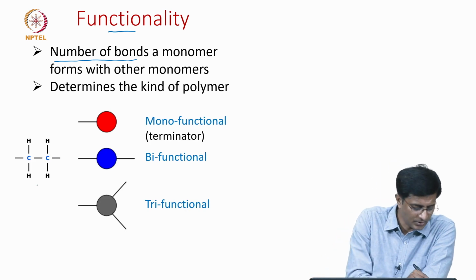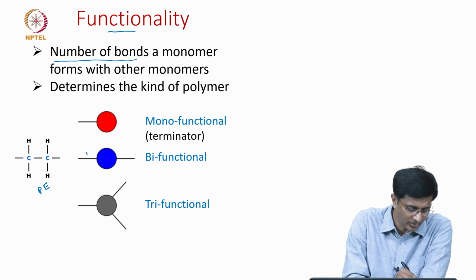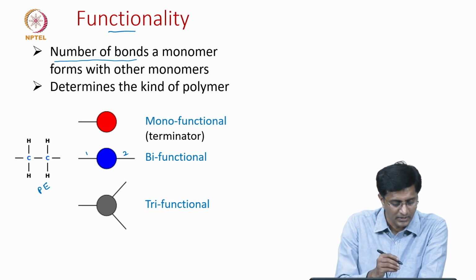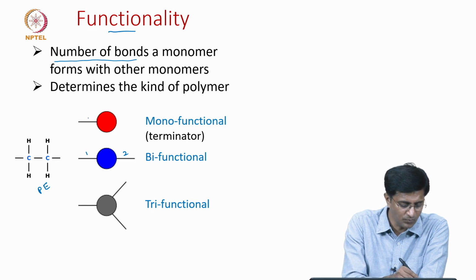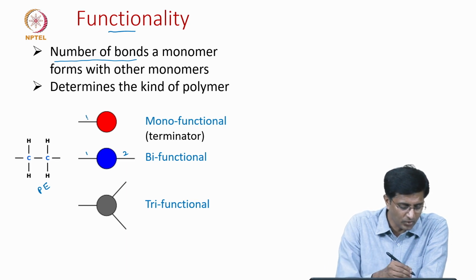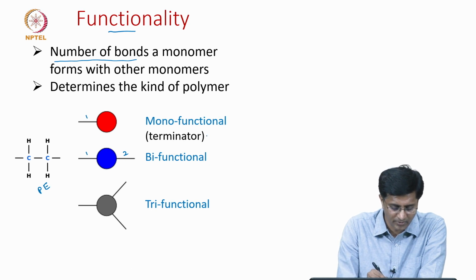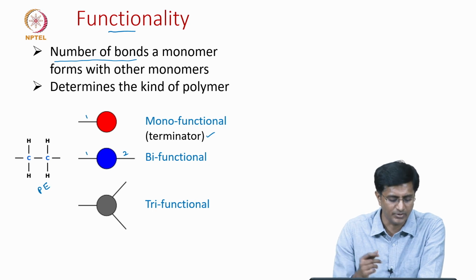So, here is the polyethylene monomer, and we have seen that it has one to the left and one to the right. Like this, we have many other functionalities. We see this monofunctionality, meaning that there is only one functional bond. These are also called terminators. We will see in a while why they are called terminators.